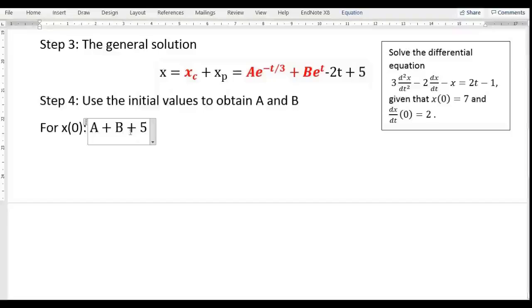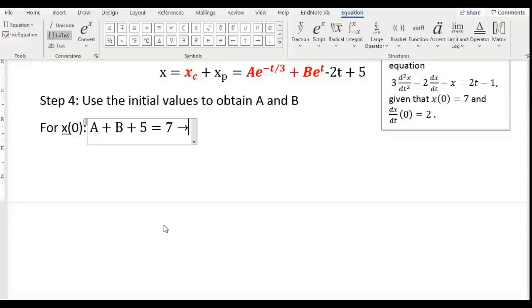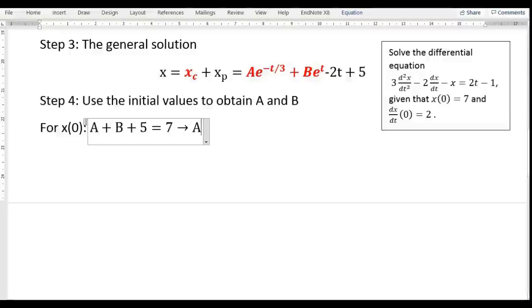And then 5, okay, so that's why we have a plus b plus 5 is equivalent to 7. This will give us a plus b is equivalent to 2. So let's call this equation 1.